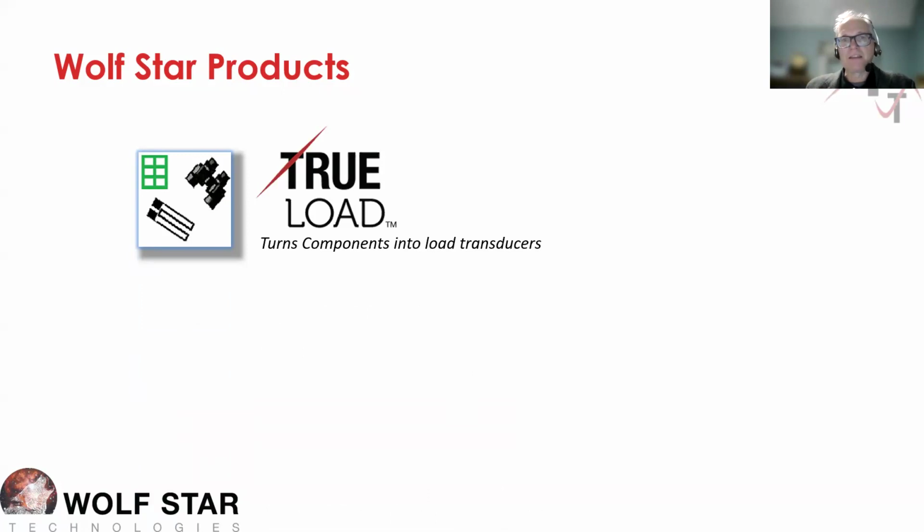Then we have our customers place physical strain gauges on the physical parts, and we take those physical strain measurements and multiply them by that correlation matrix to back calculate the loads. We're essentially turning any part into a load transducer, and we're leveraging the FEA model to do that. So that's what we're doing with TrueLoad.